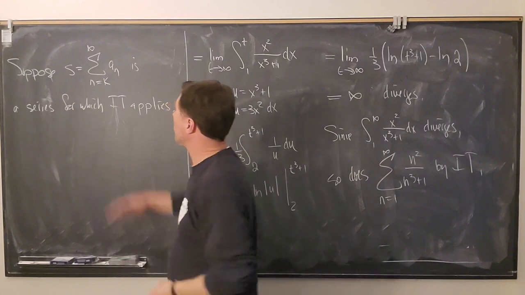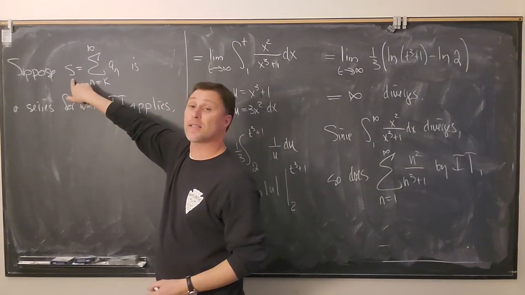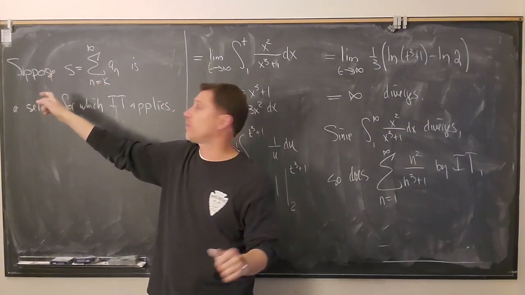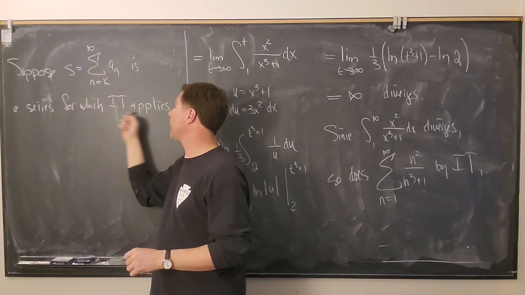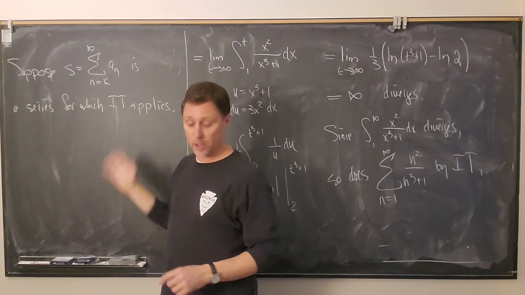So what that means is we've got a convergent series. It converges to some number s that we don't necessarily know, but we know it converges, and we are able to show that it converges by the integral test.